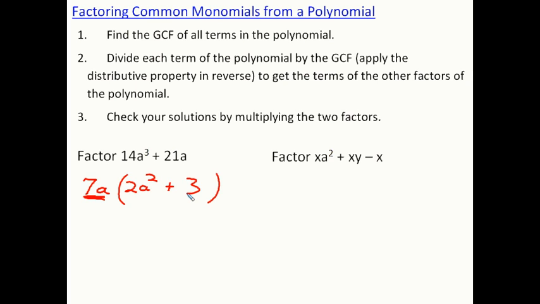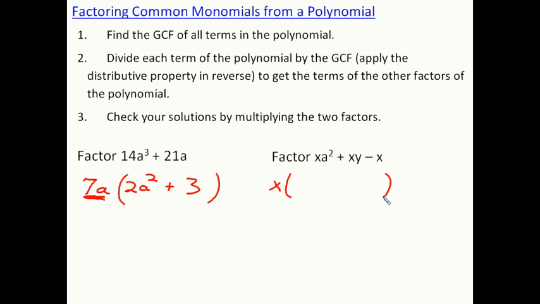Looking at our last example, we want to find the greatest common factor. As we look across the three terms, we see each of them has an x. The first one has an a, but the other two don't. So our only common factor is x. Let's think through it the way I have written here: divide each term of the polynomial by the greatest common factor.